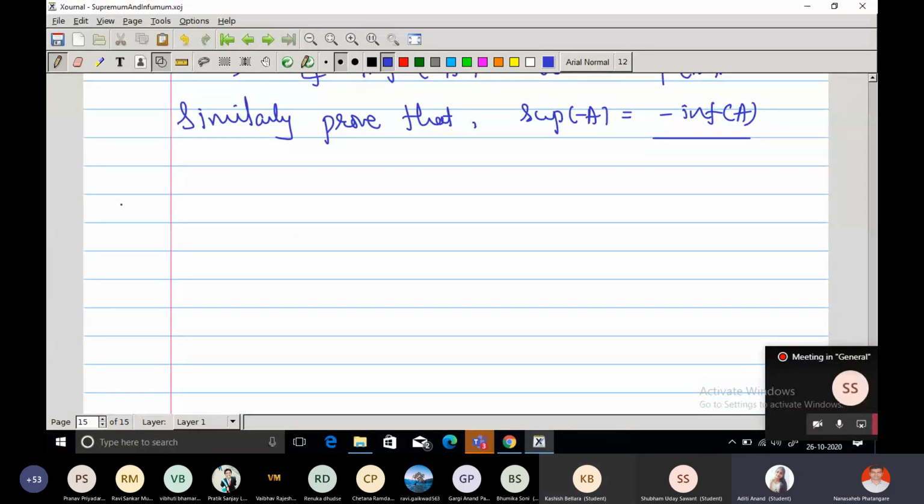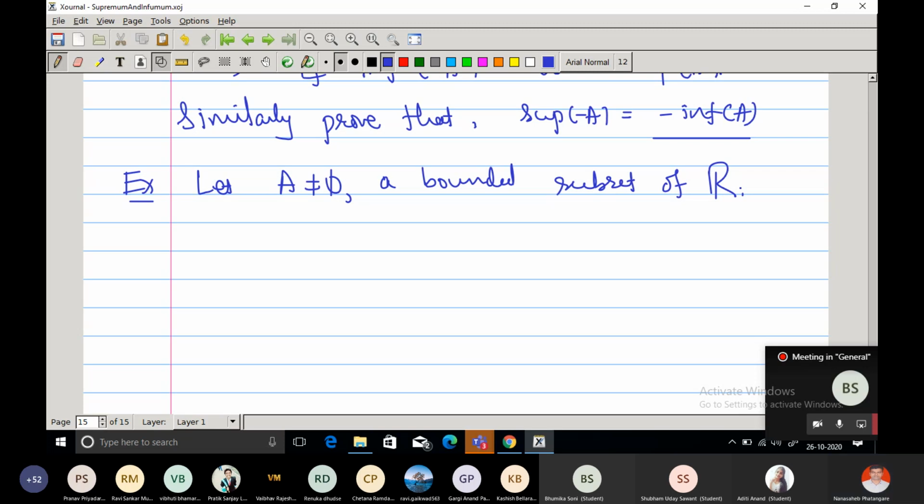Yes, sir. Okay, now let A be a non-empty and bounded subset of R. Then let alpha be a real number.